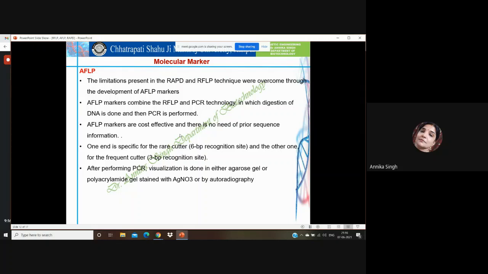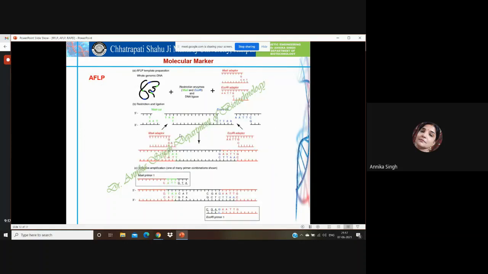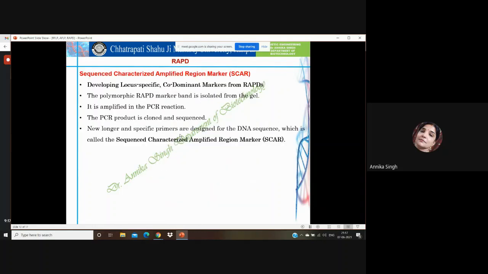And one another limitation is that the RAPD results can be very difficult to interpret. So these are some limitations of RAPD technique. And one another RAPD technique is actually known as sequence characterized amplified region marker, that is SCAR.